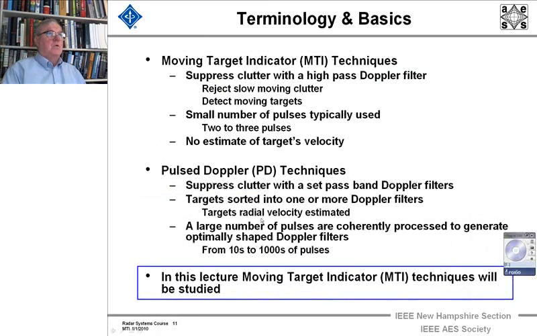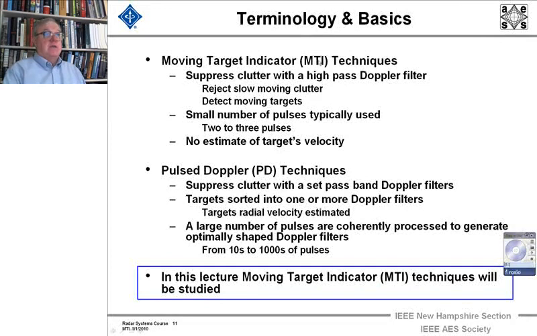Now I'd just like to go over a few terminologies and the basics of how we get rid of and suppress clutter. The techniques can be divided up into two techniques: moving target indicator techniques and pulse Doppler techniques. They each have different characteristics, as you'll see, and we'll go over them one at a time.